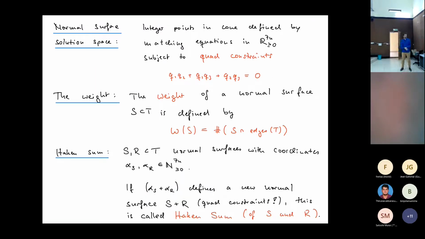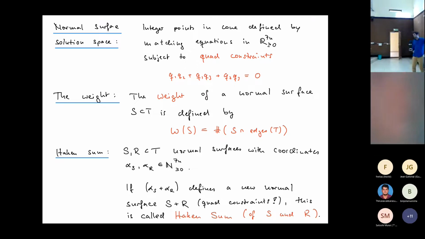So normal surfaces are now translated into integer points in the positive orthant of R^7n, subject to these matching equations and subject to the quad constraints, which make sure that 2 of the quadrilateral types are always 0.